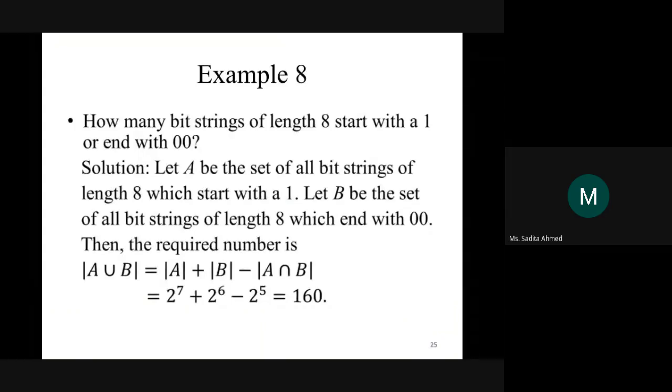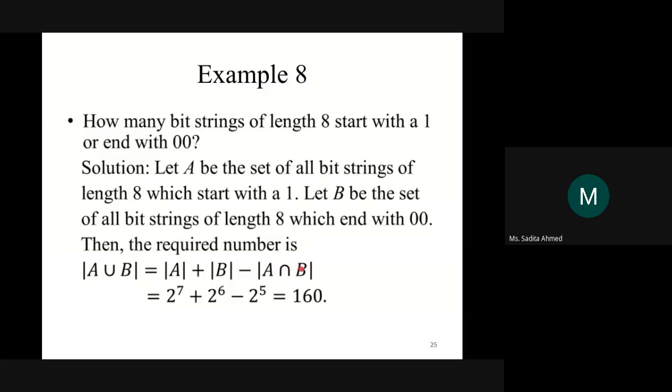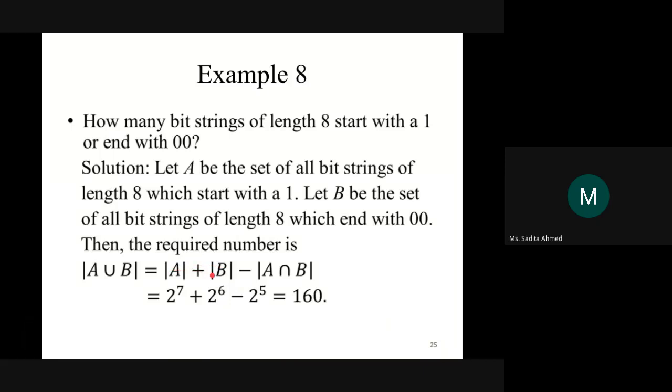All right? So that's the reason we would have to sum this up and then deduct the common bit strings. That is, the bit strings which both start with a 1 and end with 0, 0. These bit strings have to be deducted once because they have been counted here once and then again here. So twice. We cannot have repetition of count like that. That would give us the wrong result.